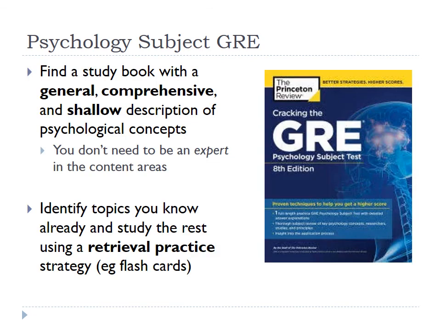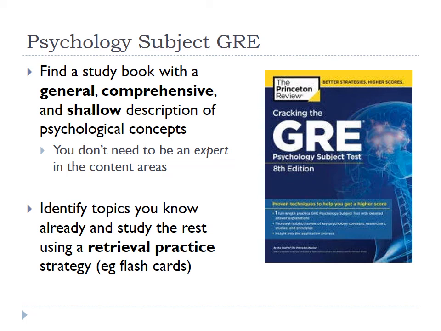How do you study for the psychology GRE? You want to get a book, but there are different books. We're almost done, I promise. Some are relatively comprehensive, thick books, and some are relatively thin books with a more superficial overview of the concepts.